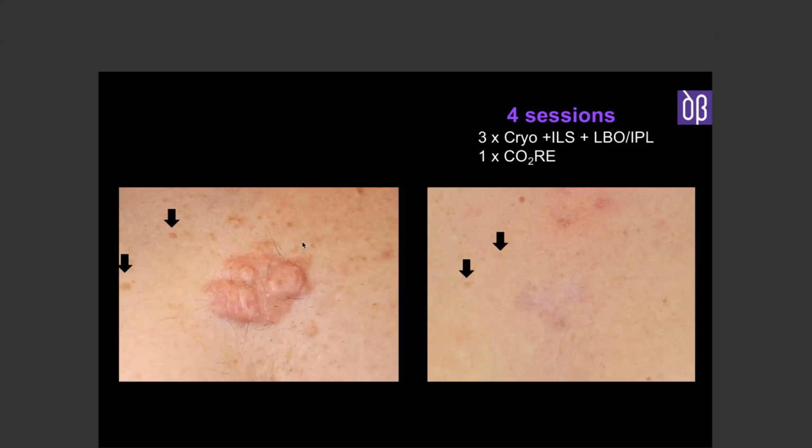I would not recommend using fractional lasers in a keloid that is active. So in the early stages of a keloid, I would not use any device that heats up the dermis. All right. In my experience, and of course it's not evidence-based medicine, using fractional lasers in the very early stages of a keloid can even worsen it.